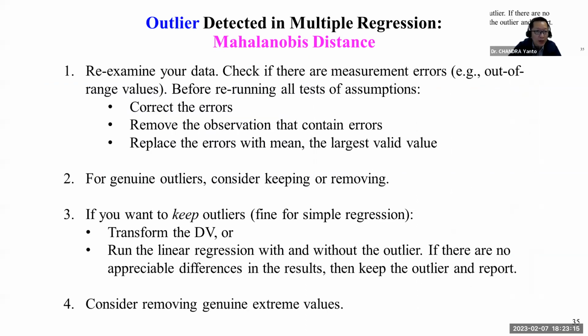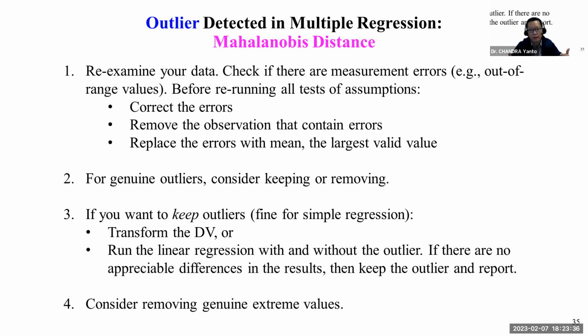So when you have this outlier problem, then you have to re-examine your data and correct your errors. Maybe you remove some observations that have errors from your data in Excel, or you do a mean replacement, or you may need to transform your dependent variable using some log transformation, etc. And you can rerun again.